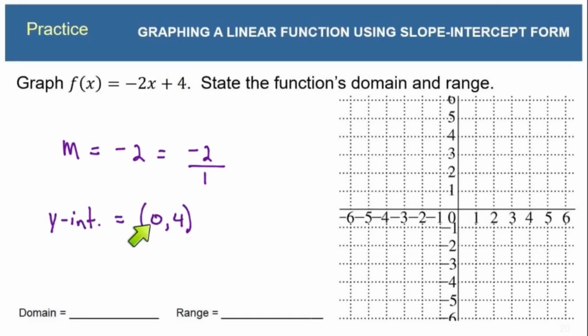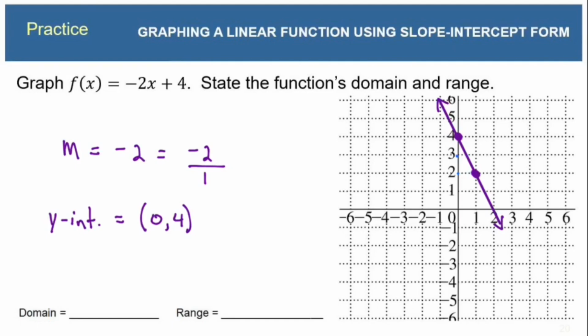Okay, so now let's plot our y-intercept. That will be at 4 on the y-axis, so (0, 4). And then the slope is rise over run. So we will rise -2. In other words, from here go down 2. And then run 1, so +1, so that'll put us right here. And we connect those 2 dots with a straight line.